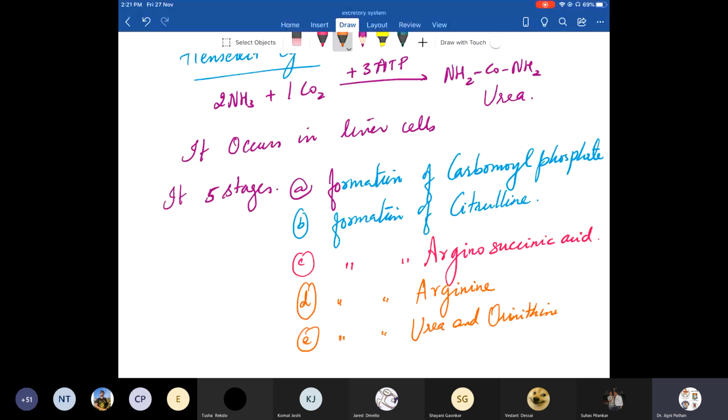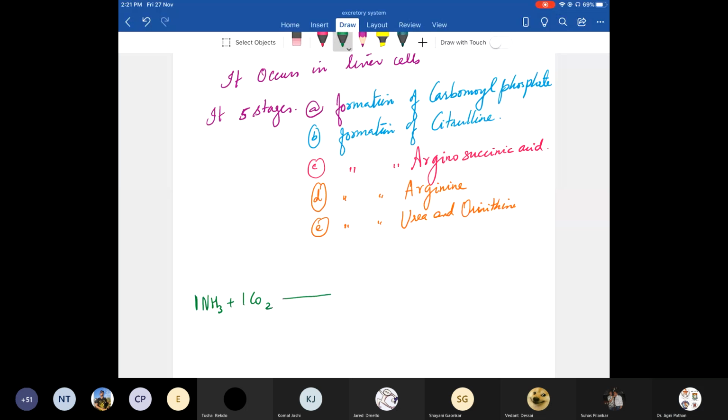Okay, well, next. There are different steps in the ornithine cycle, so let us study these steps. First, we'll write 1 ammonia plus 1 carbon dioxide will give you carbamyl phosphate.